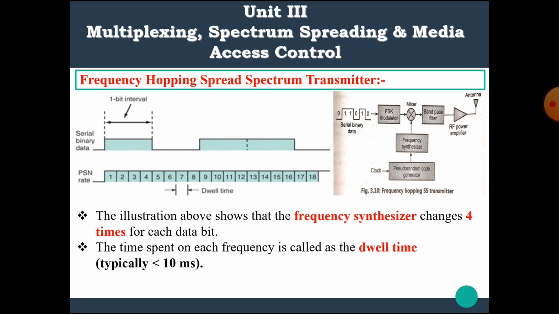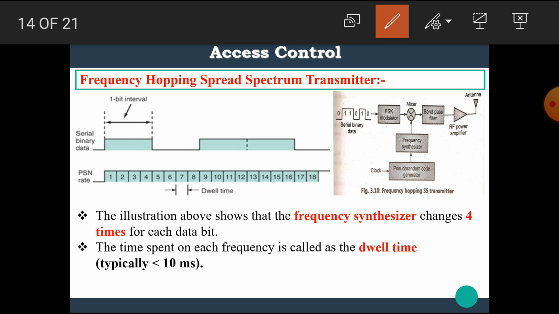Okay, now let's see the graphical representation of the frequency hopping spread spectrum transmitter. In this waveform we can see that there are two waveforms, the serial binary data and the pseudo random code.